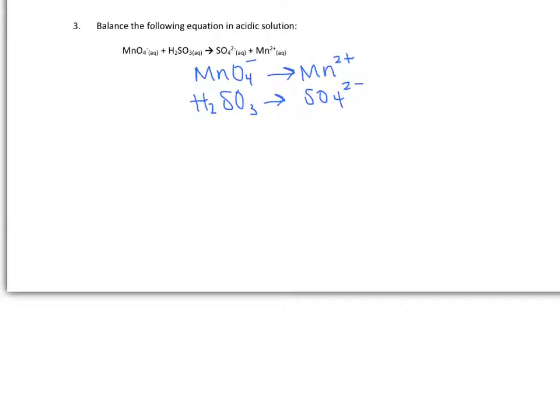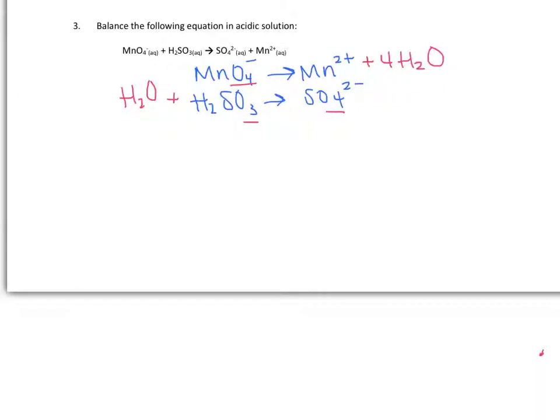Step number 3 is to balance for the oxygens by adding water. We have 4 oxygens on the reactant side, so we have to add 4 waters on the product side. We have 3 oxygens on the reactant side, 4 on the product side, so I need to add 1 more water on this side to give me 4 in total.